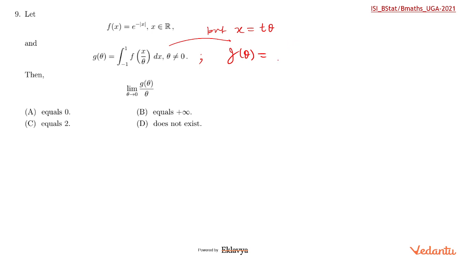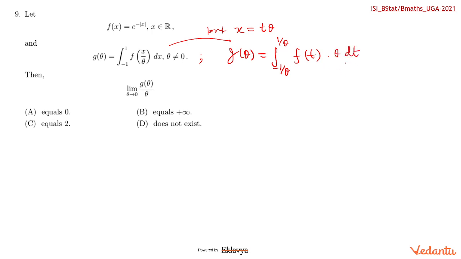So when x is minus 1, t is minus 1 by theta. When x is 1, t is 1 by theta, and here f of t, and dx is theta into dt, right?